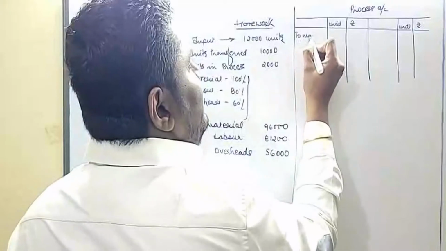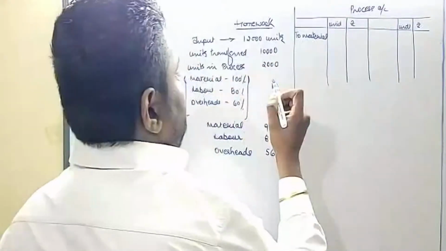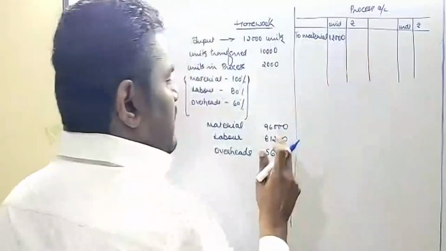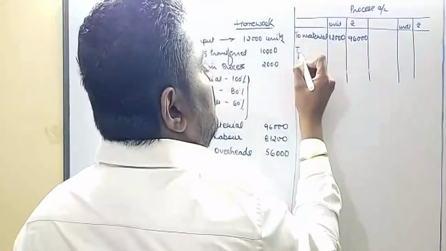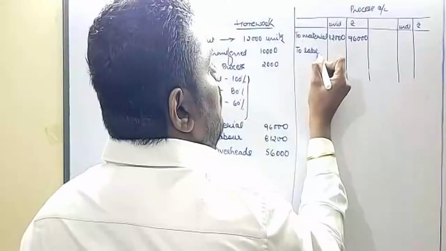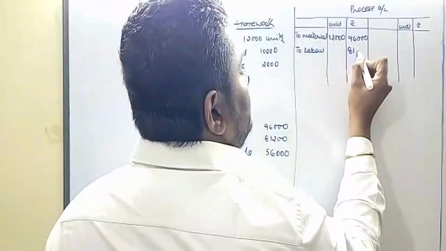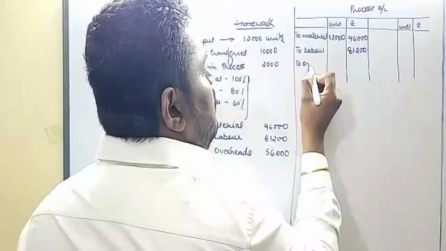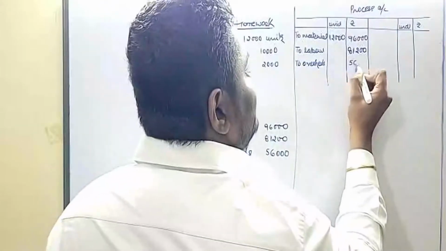to material will be 12,000 is the input and the value of material is 96,000. To labor will be 81,200 and to overheads is 56,000.